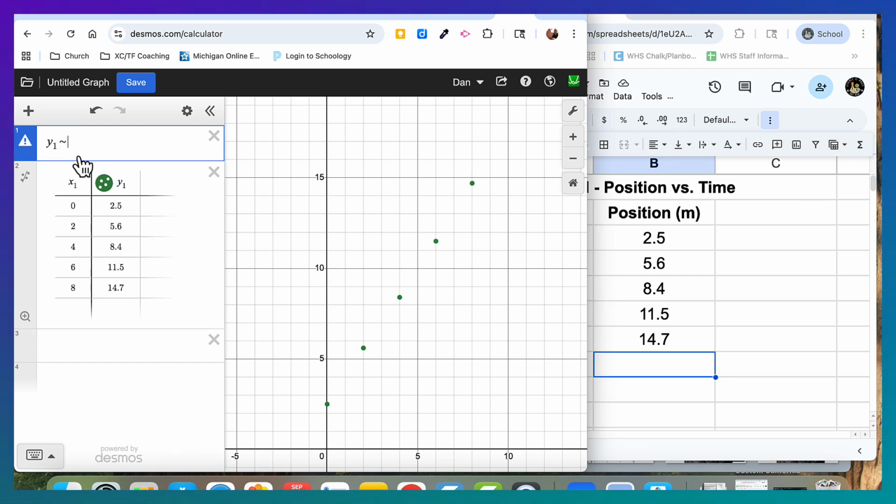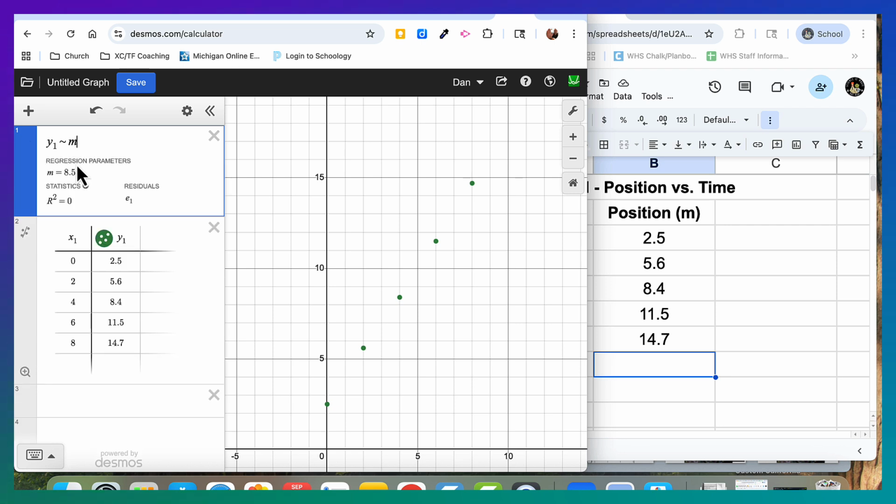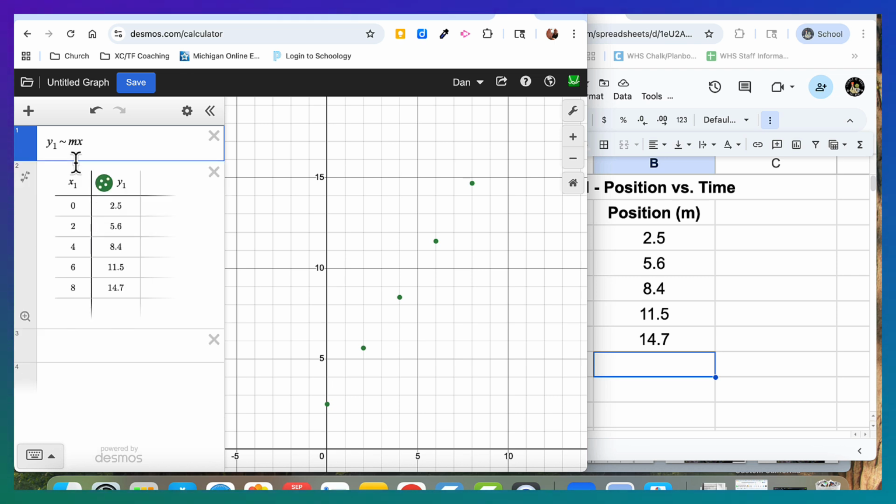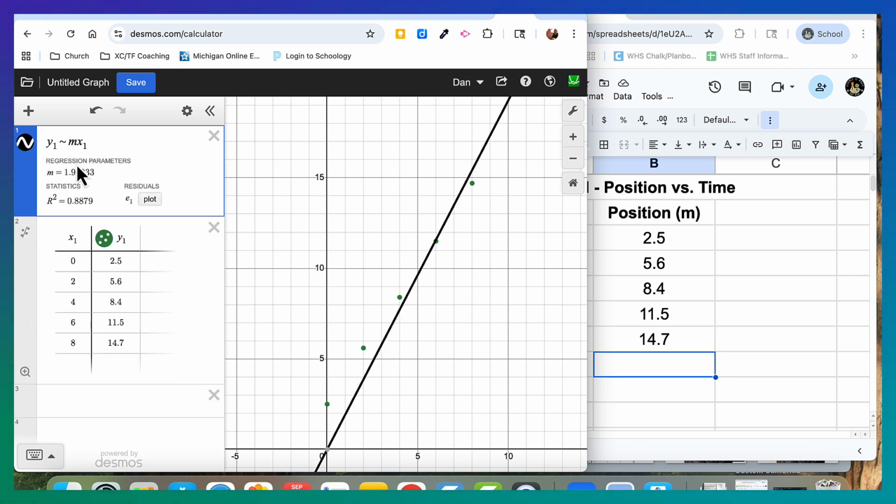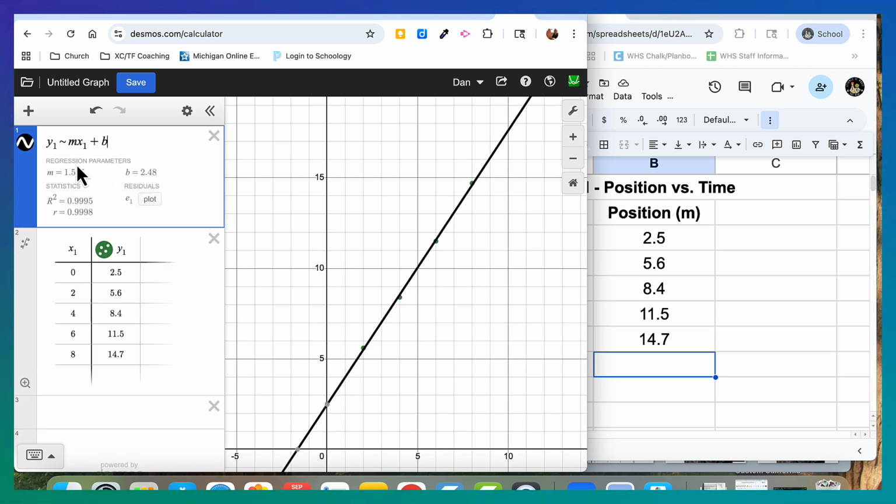I think it's called a tilde. All right, but don't use the equal sign on that. And then m, which is for our slope, and then x1 plus b. All right, and here's where that helps.